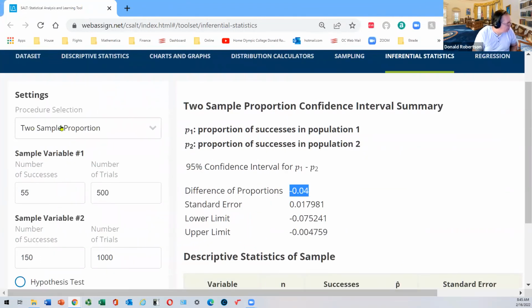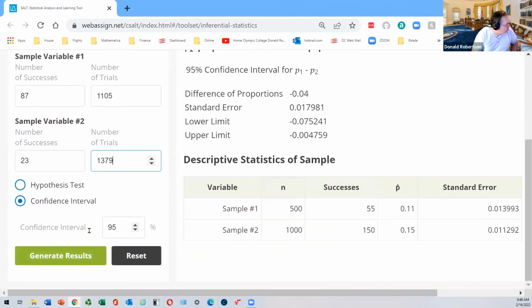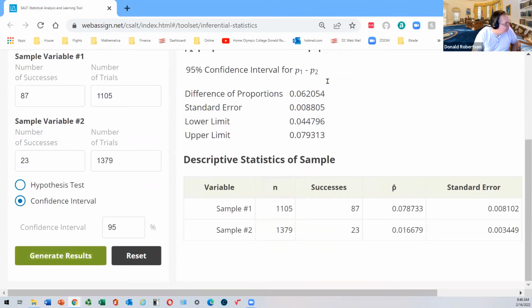So, two samples already done. The snorers go first, so that's 87 out of 1,105. Non-snorers, 23, 1,379. Yep, 95, generate results. So, this guy, and I take it back.